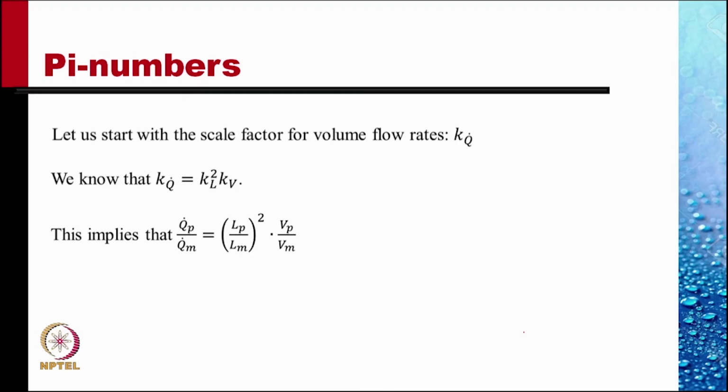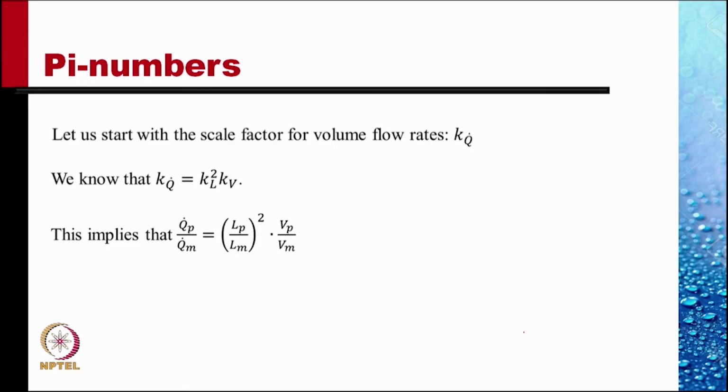This implies that QP dot divided by QM dot, which is the value of KQ dot, the scale factor for volume flow rate, is equal to LP over LM, which is KL, whole squared, times KV, which is VP by VM.